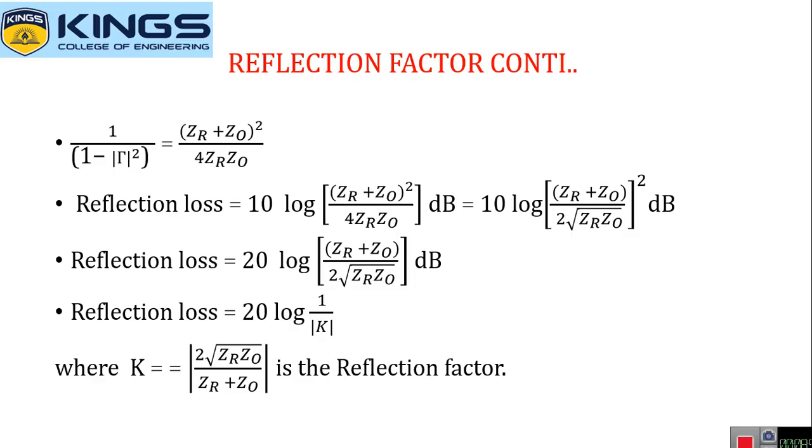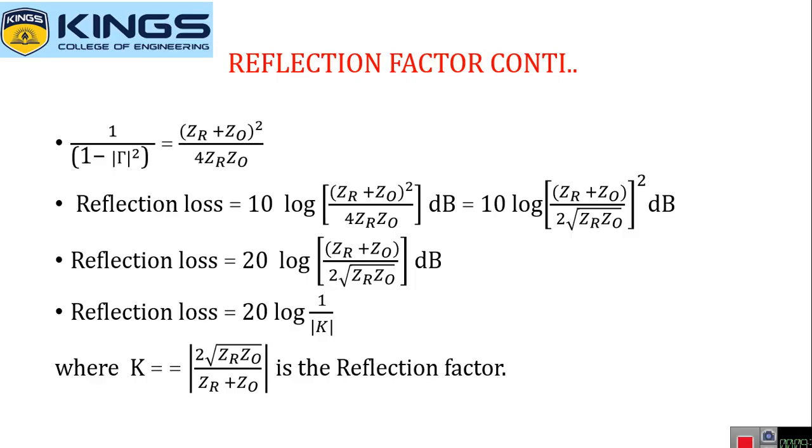If you take the common square, 4 becomes 2 squared, and ZR Z0 with a square root, so the total square comes up. That is 10 log of ZR plus Z0 by 2 into square root of ZR Z0, whole square. The square comes down and multiplies with 10, so it becomes 20 log of ZR plus Z0 by 2 into square root of ZR Z0.